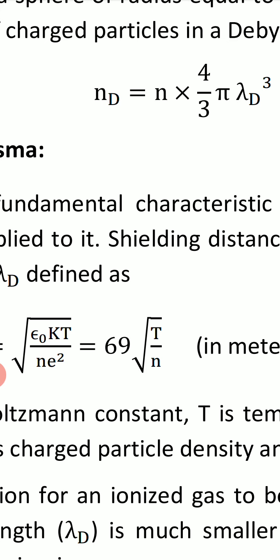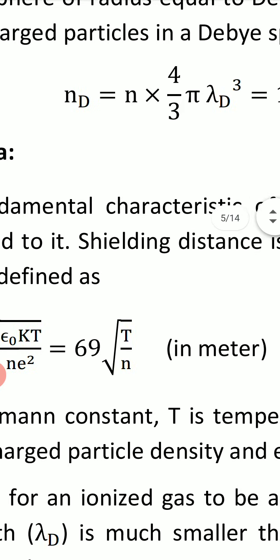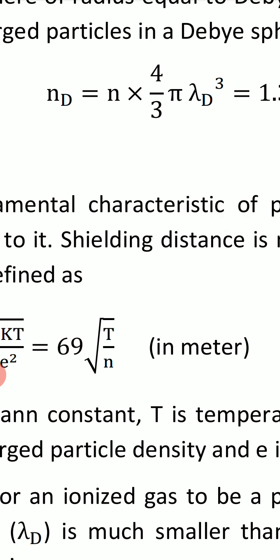So in this Debye sphere, number of charged particles will be n into 4 by 3 pi lambda d cube. 4 by 3 pi lambda d cube is the volume of Debye sphere, which has radius lambda d.